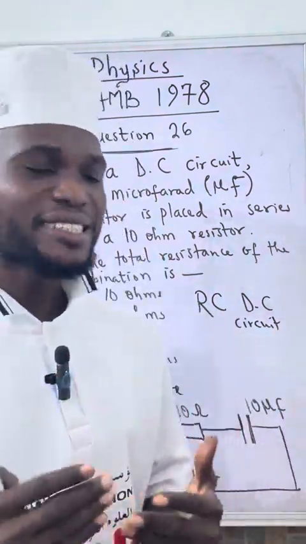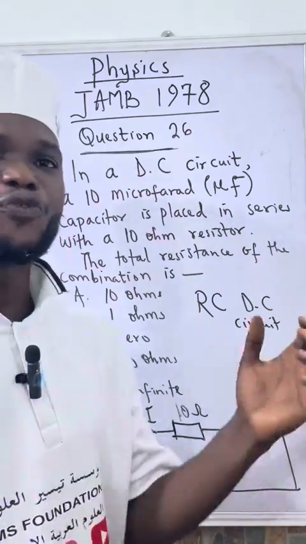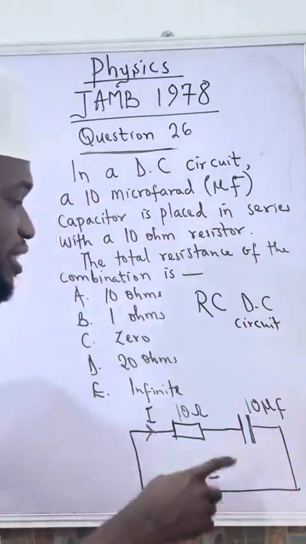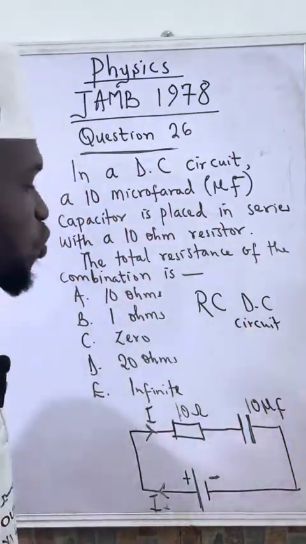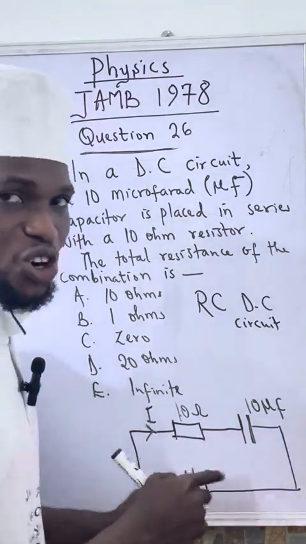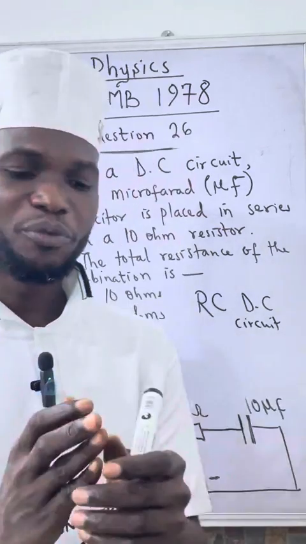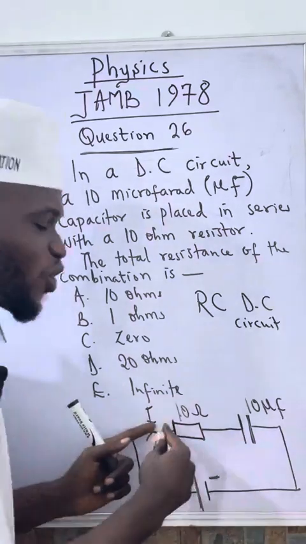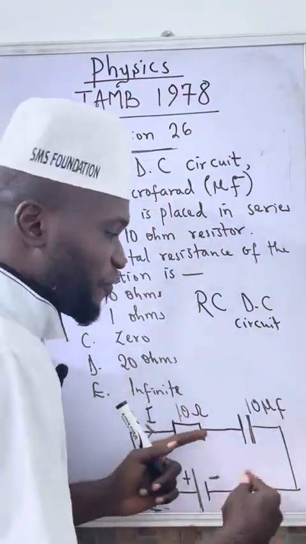But the steady stage is where this capacitor is already charged, or fully charged. In that case, there will be a problem. Both the capacitor and the resistor offer some opposition to the flow of current. They are the ones disturbing current from flowing very well.